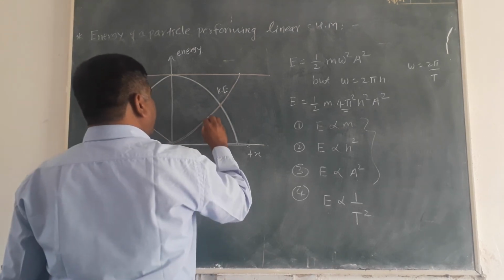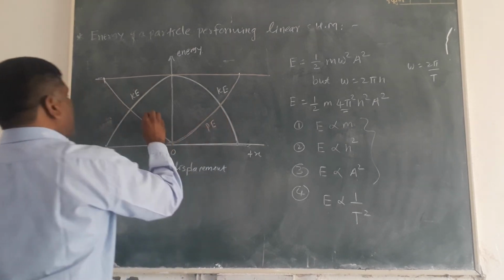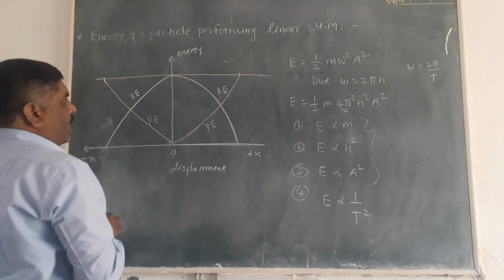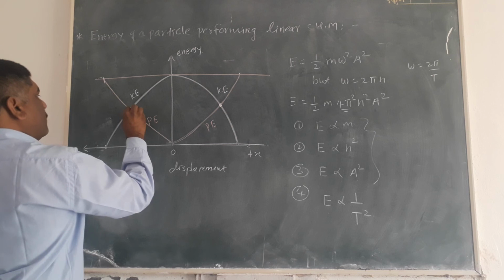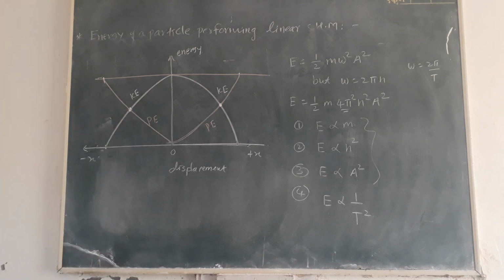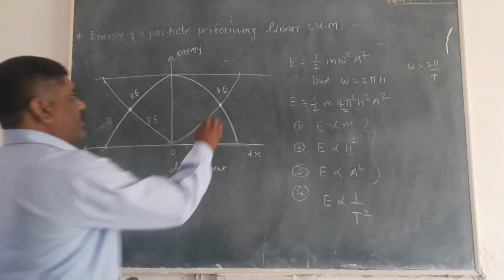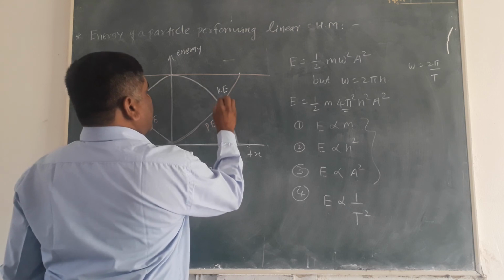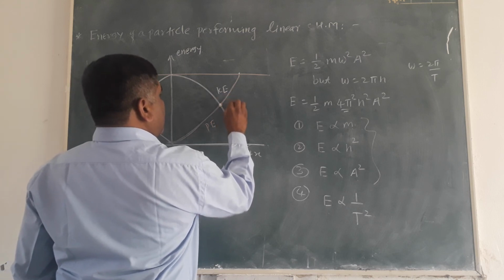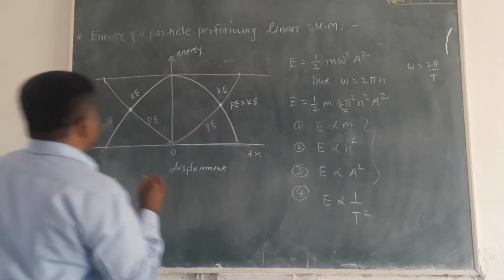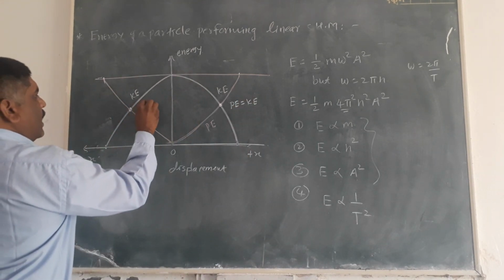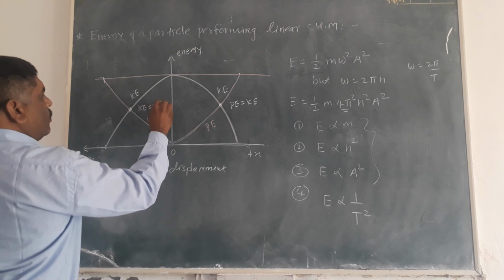This is the potential energy. At that point, on the curves of kinetic energy and potential energy, the potential energy is equal to kinetic energy, and also the kinetic energy is equal to potential energy.